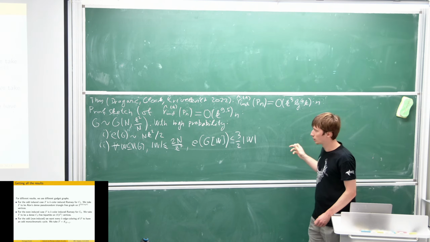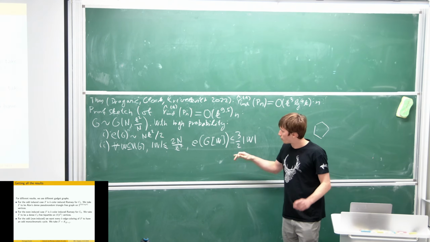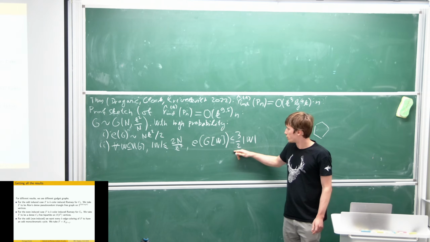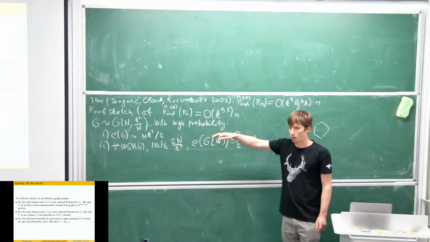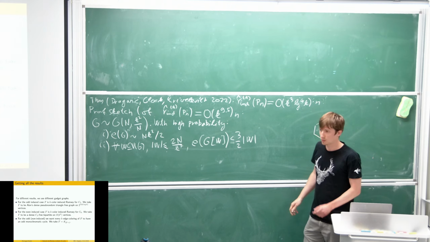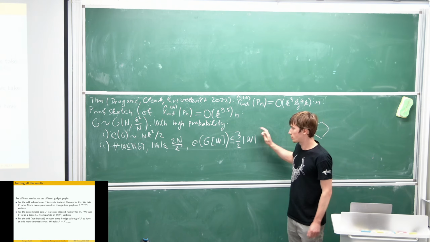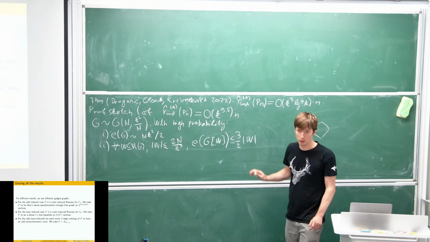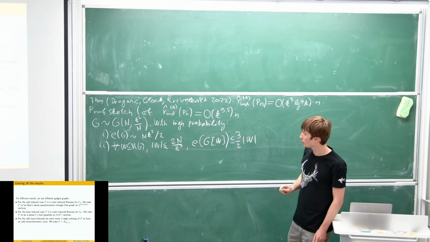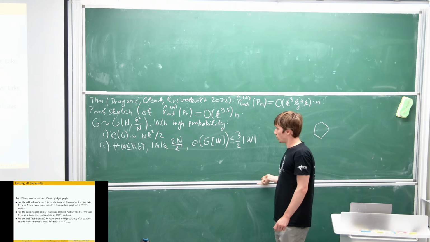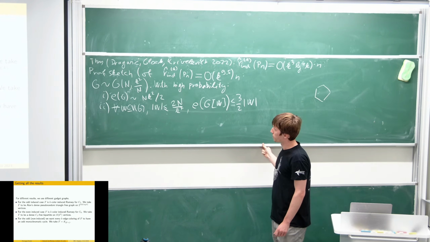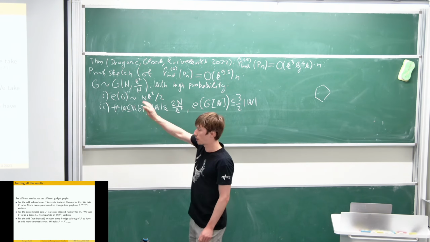Okay, and we're saying if you forbid average degree 3, this holds for linear size sets. So this is a simple first moment calculation. Okay, so this will be my host graph.